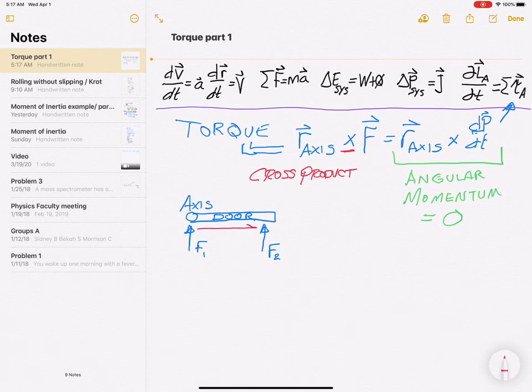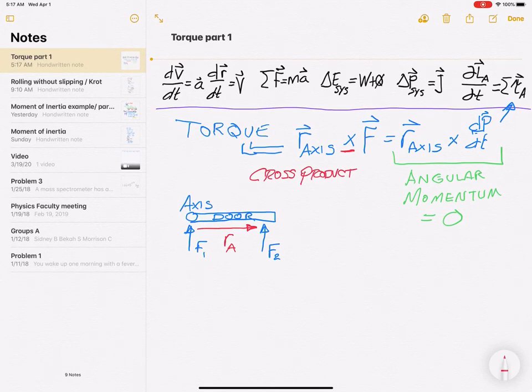You've increased this R value when you push on the outer door, which means you create a larger torque, because we multiply the distance from the axis to where the force acts.